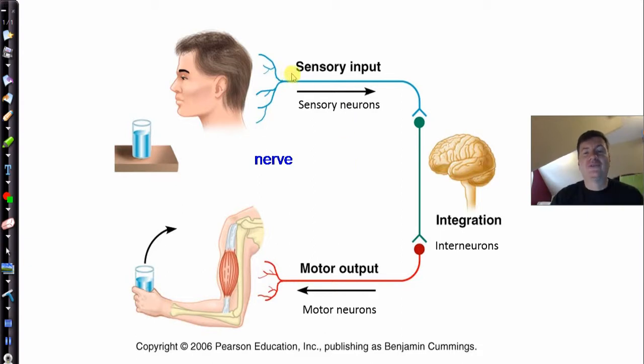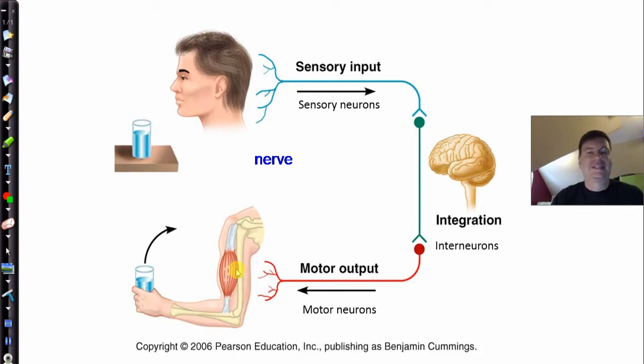So impulses travel from a sensory neuron to the CNS, brain and spinal cord, where we figure out what to do with that sensory information, and then we send out a response. In this case, headless guy sees a glass of water, sensory information is communicated to the brain and spinal cord, out via a motor neuron. It's going to be a signal to make his muscles work for him to then pick up that glass of water.